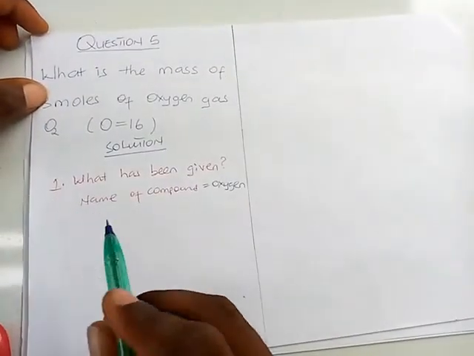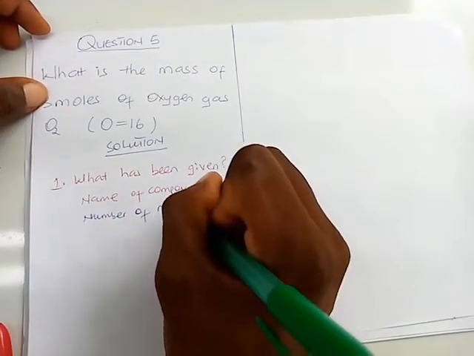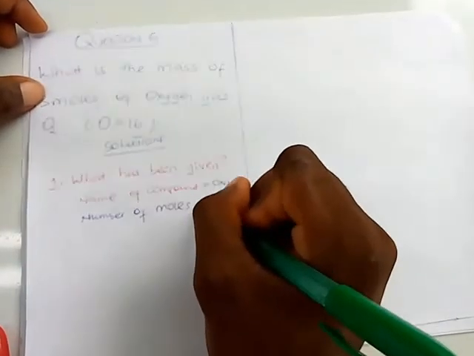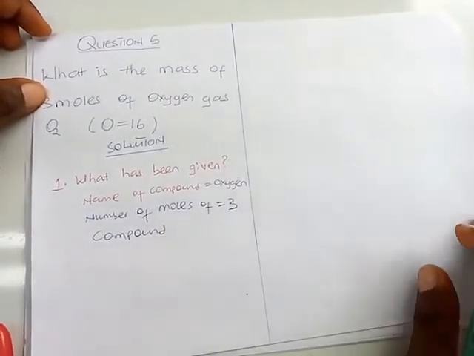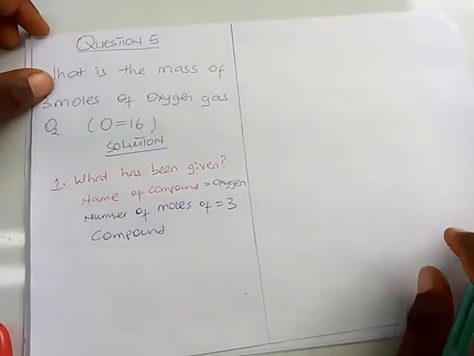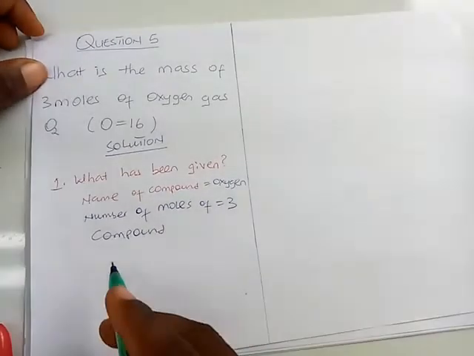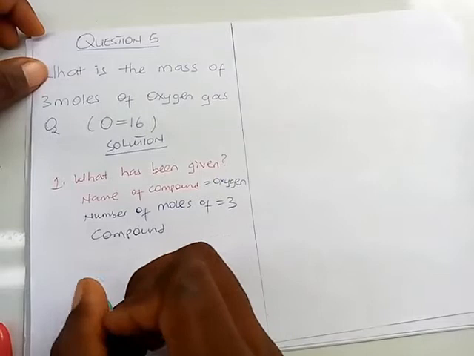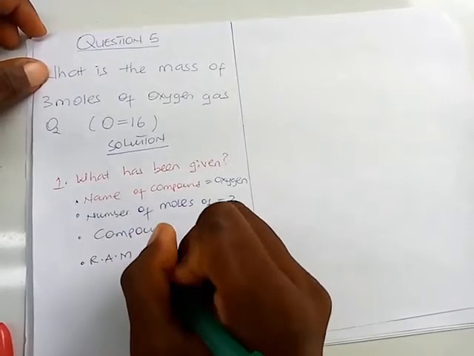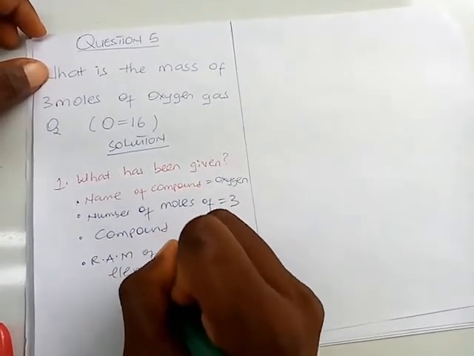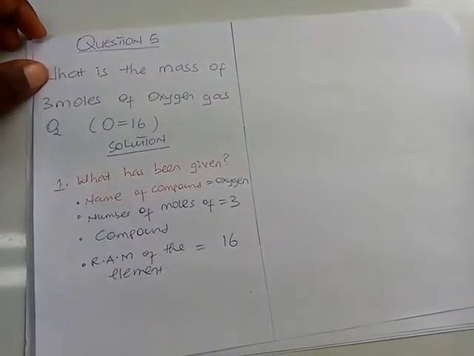Also we have been given the number of moles of compound. Here that's 3. The next thing that has been given to us is the relative atomic mass of the element. That's 16.